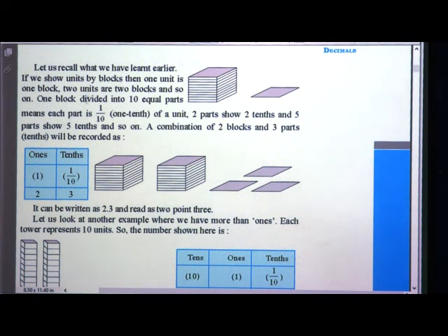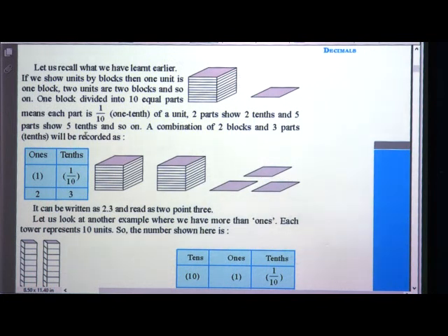So 1 unit shows 1 block, 2 units show 2 blocks, 3 units show 3 blocks, 9 units show 9 blocks and 10 units show 10 blocks. It means 1 block is divided into 10 equal parts.